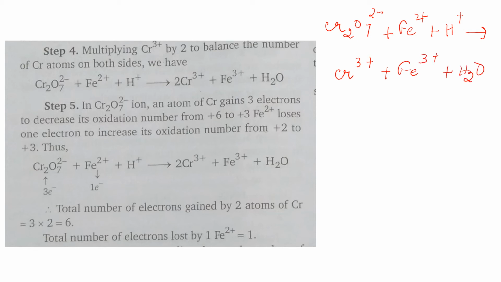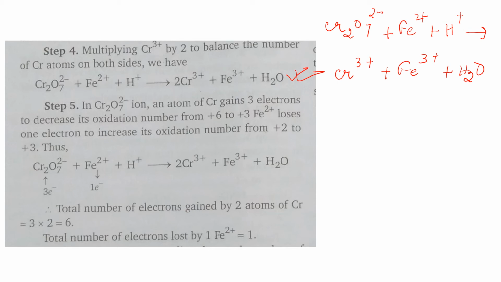Now in this equation, chromium has undergone change in the oxidation number and iron has undergone change in the oxidation number. But iron in both the sides, iron are same. Chromium in the left hand side it is 2 and right hand side it is 1. So the right hand side chromium has to be multiplied by 2. So after multiplying it by 2, because I have to balance this, I am getting this equation. Cr2O7 2- plus Fe2+ plus H+ is giving you 2 Cr3+ Fe3+ and H2O.